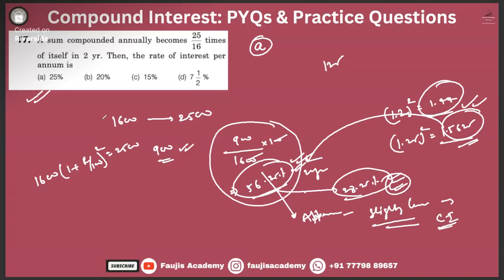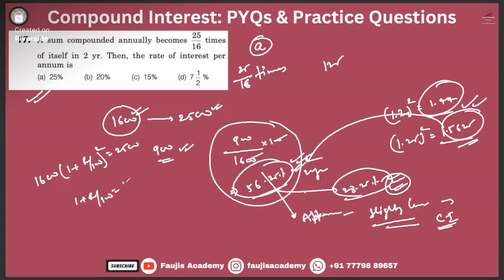We have assumed 1600 because it is given as 25 by 16 times. Or we can just take P, which will eventually cancel out, so there is no need for a variable. It won't need any calculation, because both 1600 and 2500 are perfect squares.